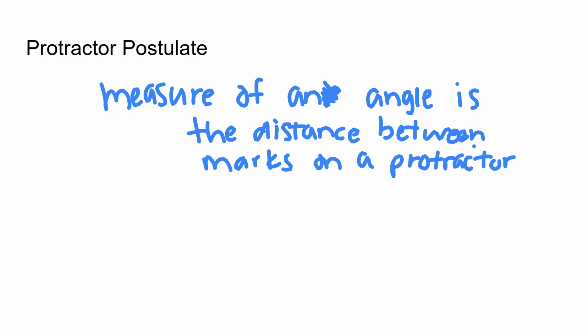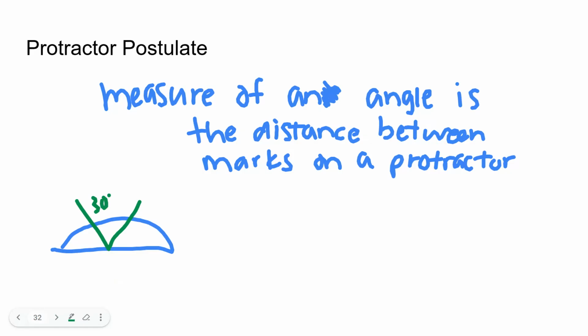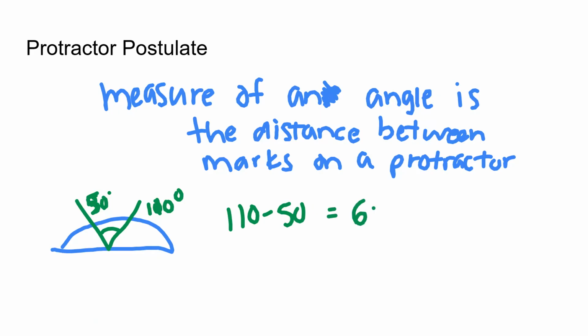Okay, meaning that wherever my protractor lies, if I have my protractor, that's that tool that looks like this, and my angle, I'll use a different color for my angle, is here to here at 50 degrees and 110 degrees, then my angle measure would be 110 minus 50, which is equal to 60 degrees.